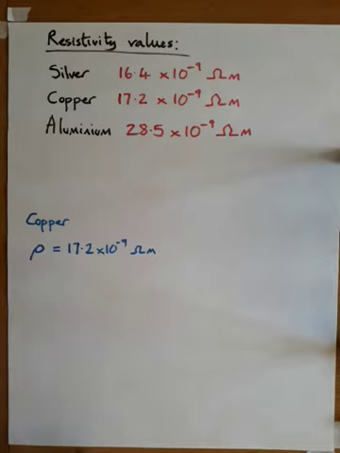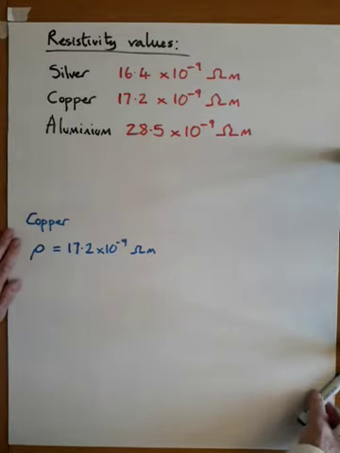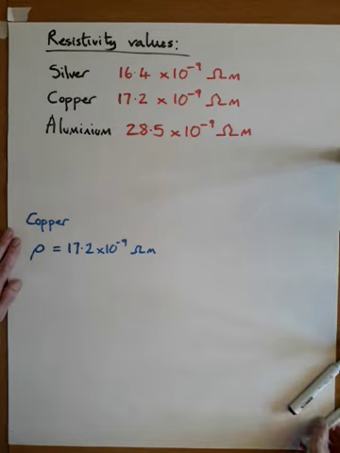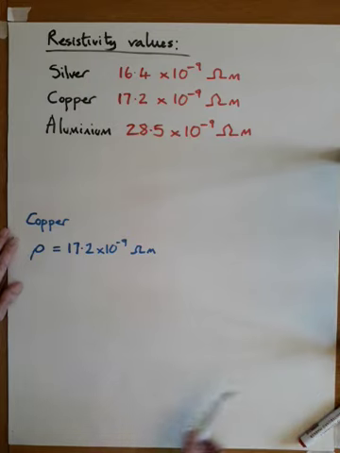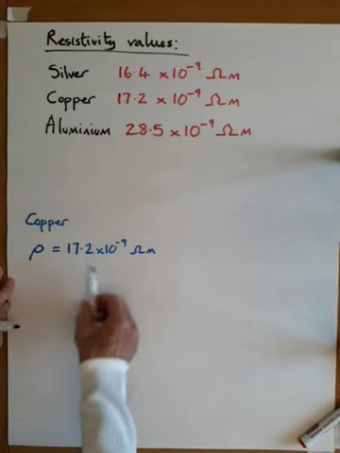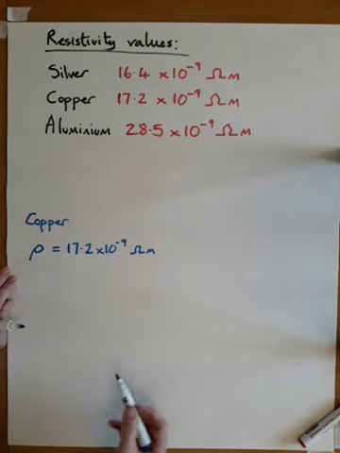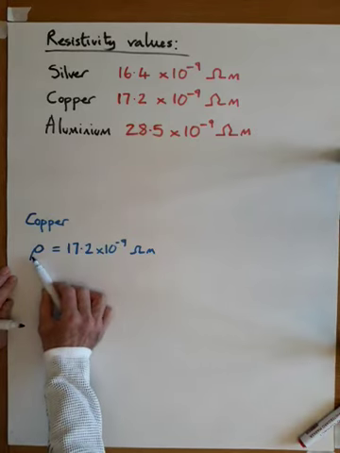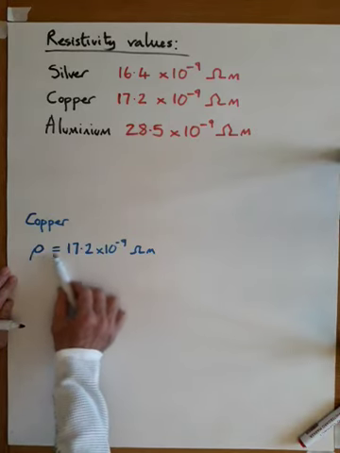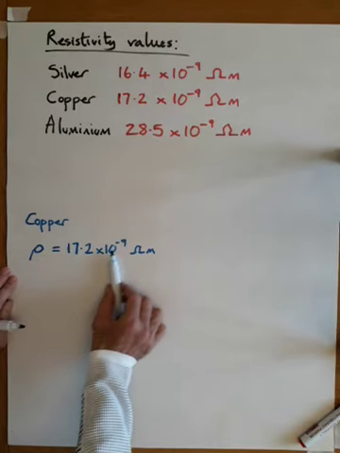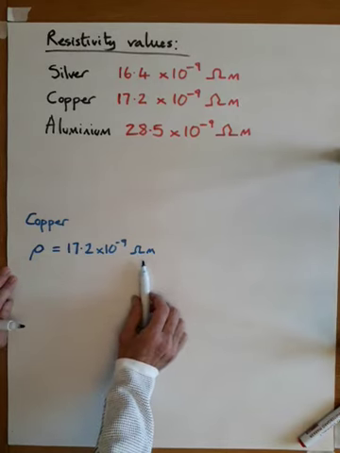Let us just discuss the way we use our numbers once more. And I want to pick on copper because it's our most popular conductor. And this is all about standard form and the multiples we use. So rho of copper, so resistivity of copper is 17.2 times 10 to the minus 9 ohm meters.